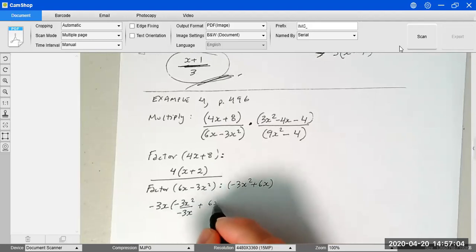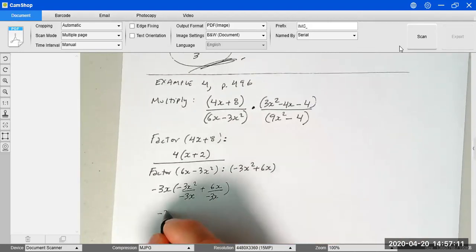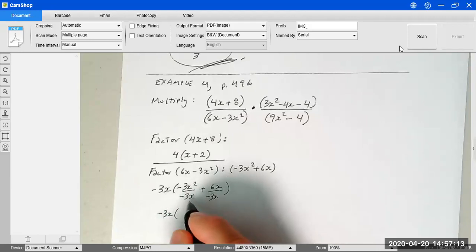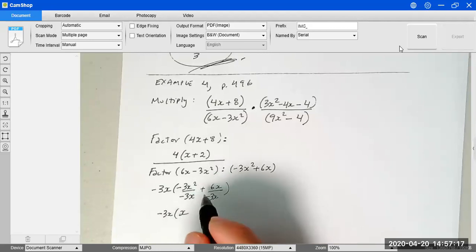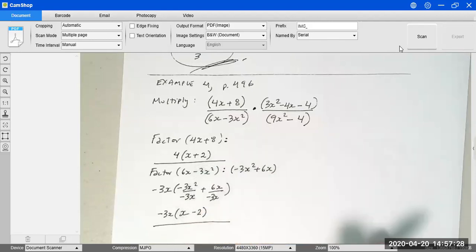It's going to take longer, but it doesn't matter as long as you get the right answer. It's worth it. So you're going to get negative 3x that multiplies x only, because this negative 3 and this negative 3 cancel, and then we have negative 6 over 3, which is going to be 2. So that's the factor for this term.